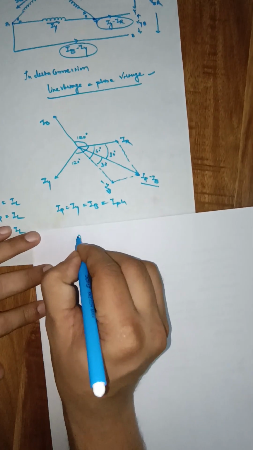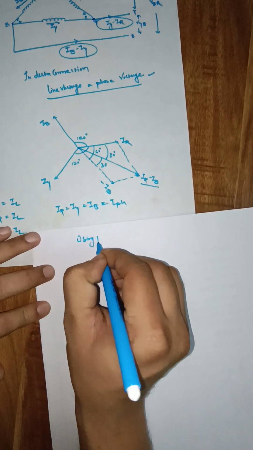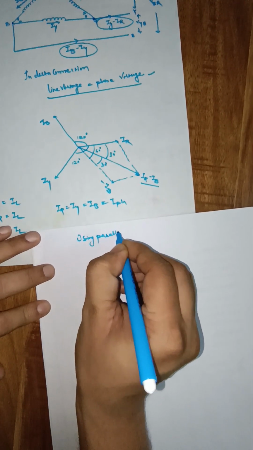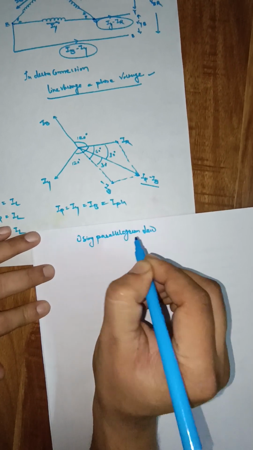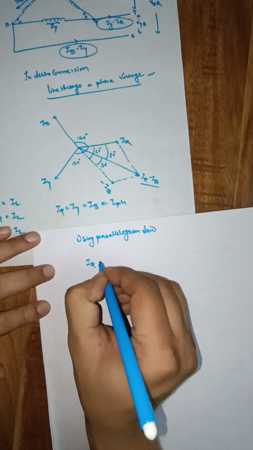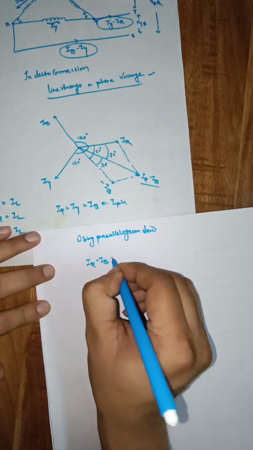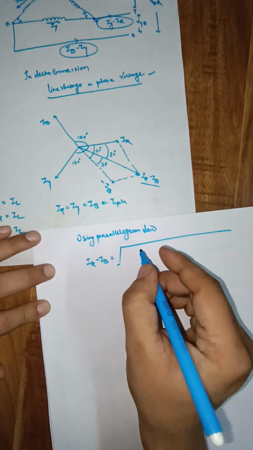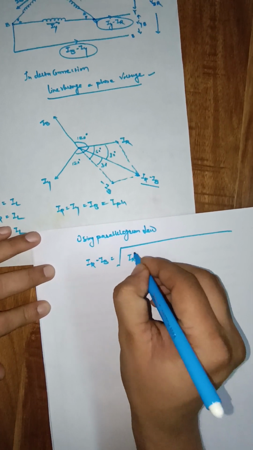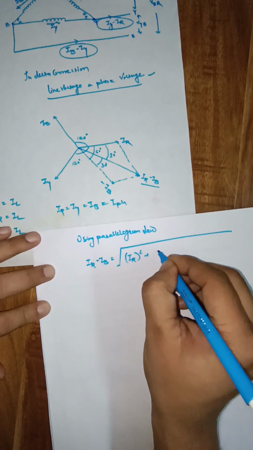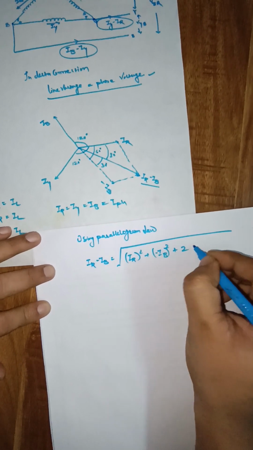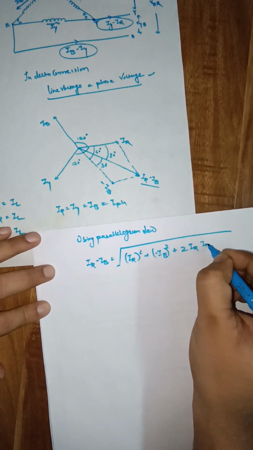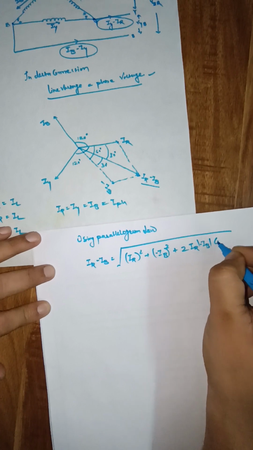Again, using parallelogram, IR minus IB will be equal to under root IR square plus IB square plus 2 IR IB cos.